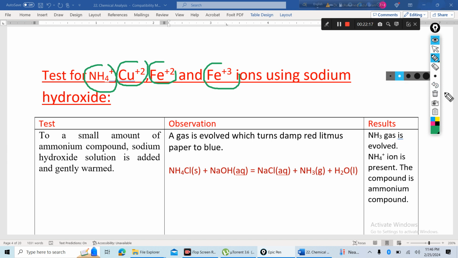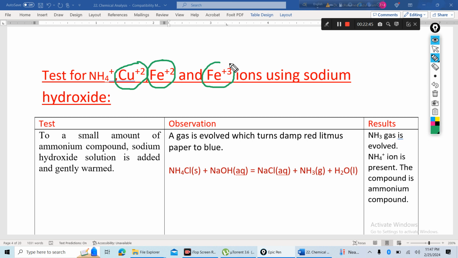So to a solution of copper 2 ion, if you add sodium hydroxide, you will see a blue precipitate is formed. To a solution of iron 2 ion, if you add sodium hydroxide, you will see a green precipitate. To a solution of iron 3 ion, if you add sodium hydroxide, you will observe a red brown or brown precipitate is formed.